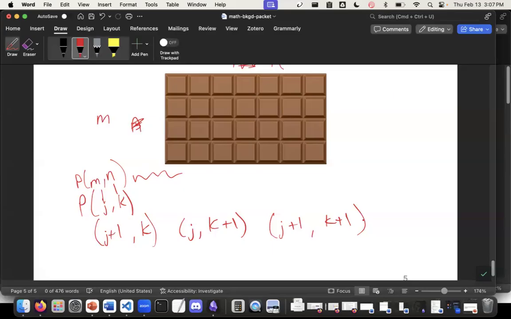How many columns do you have? We've already broken them into columns. Now we need to break them top down. Right, so that's the N minus 1 top down.